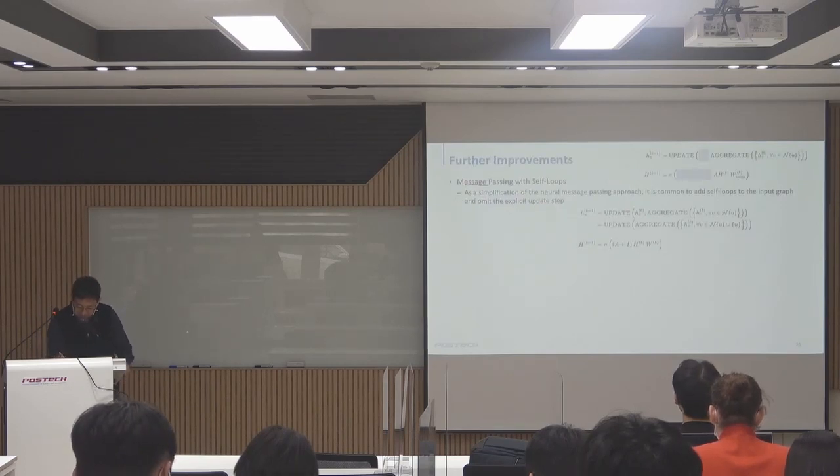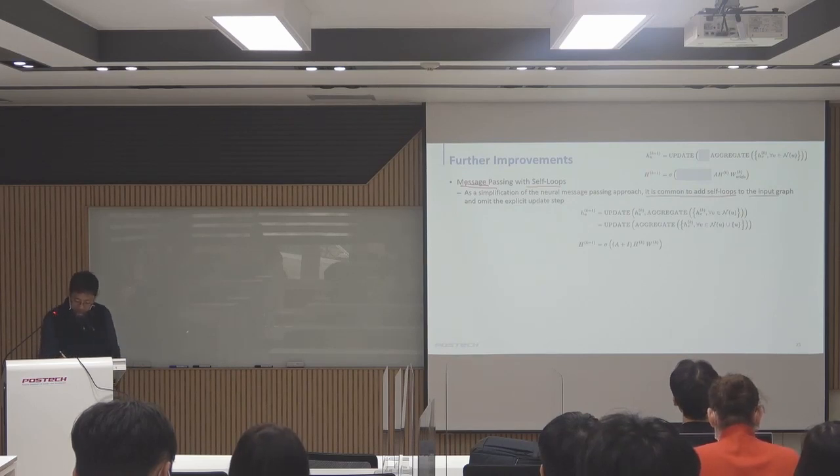So I want to do message passing with self loops. It's common to add self loops to the input graph.